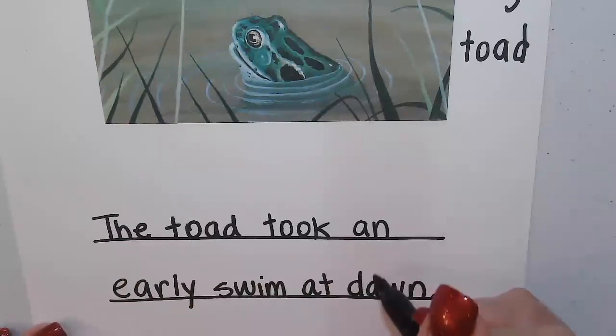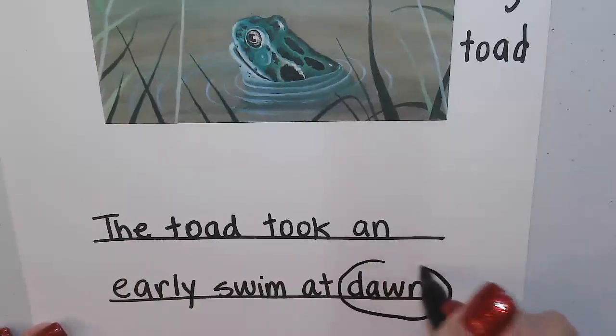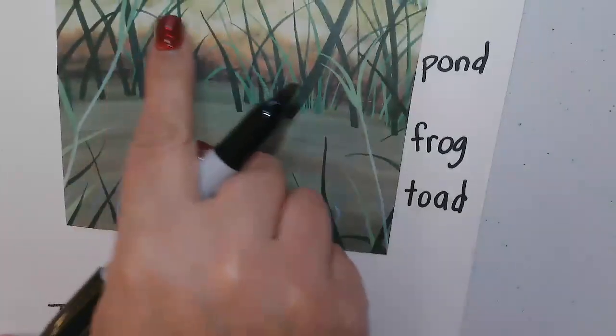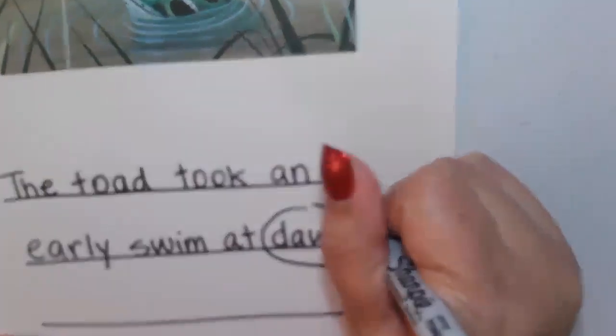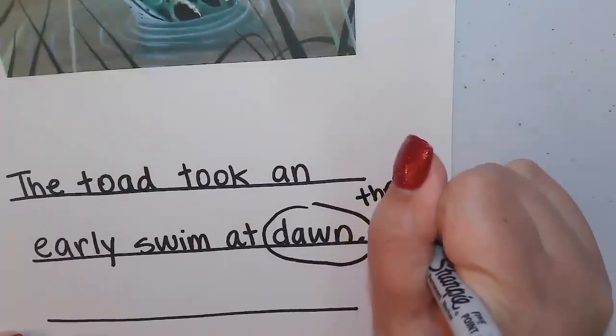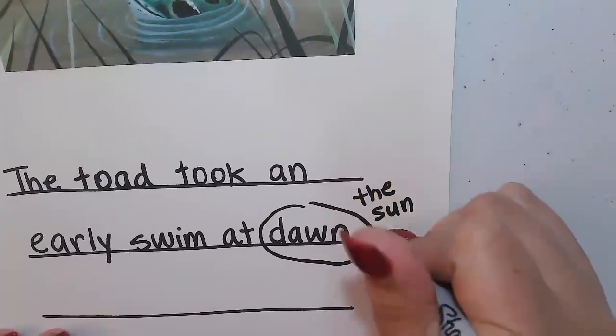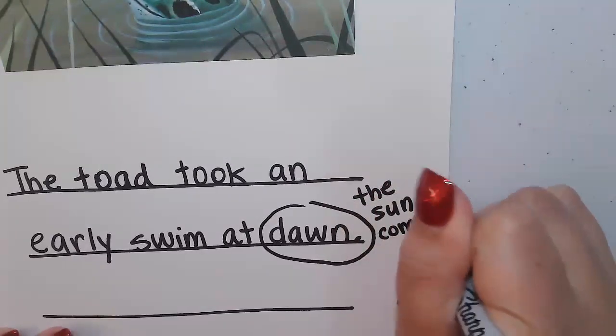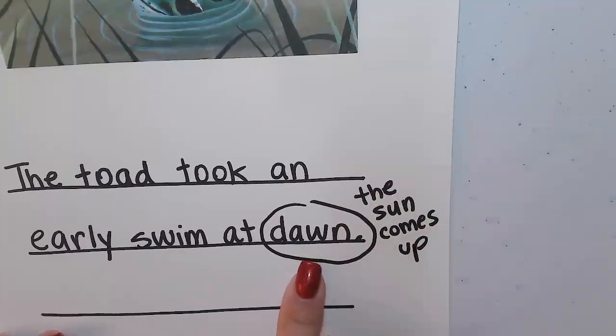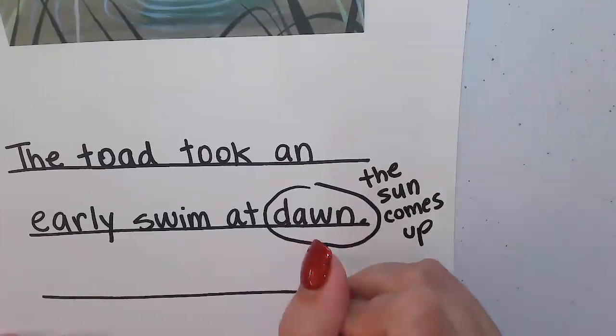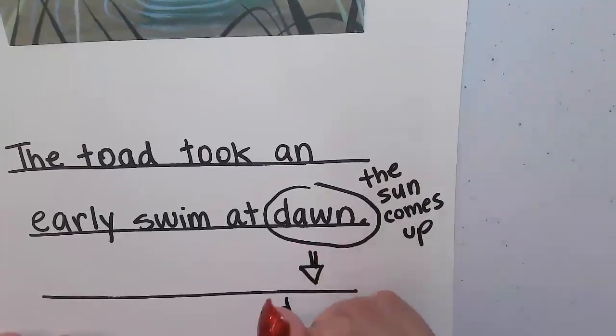Excellent. So dawn is a great word. It kind of looked like dawn to me. It looked like early morning. So dawn is when the sun first comes up. And the opposite of dawn would be dusk.